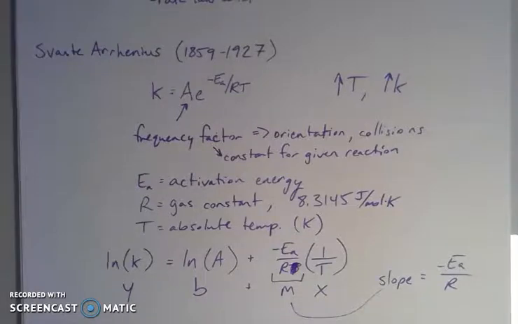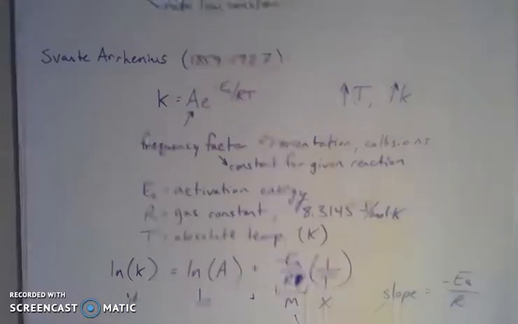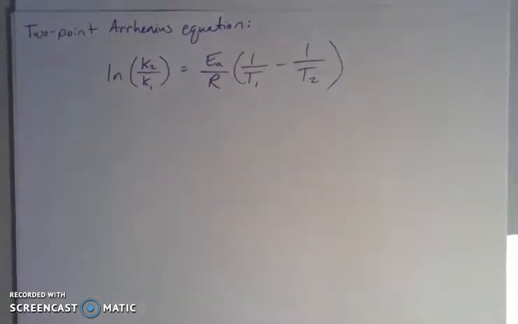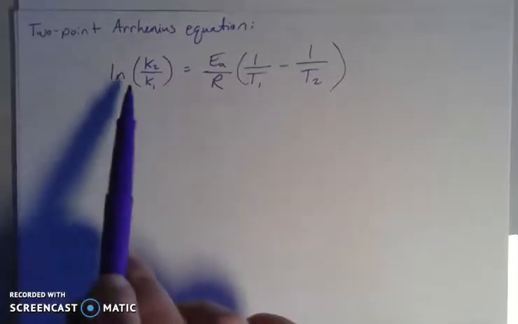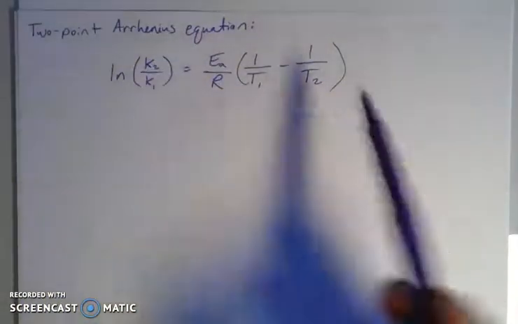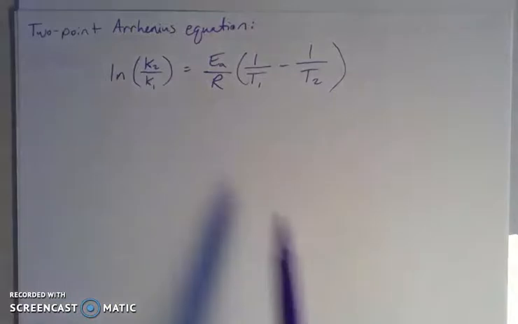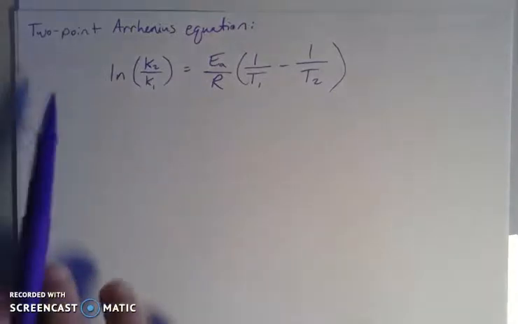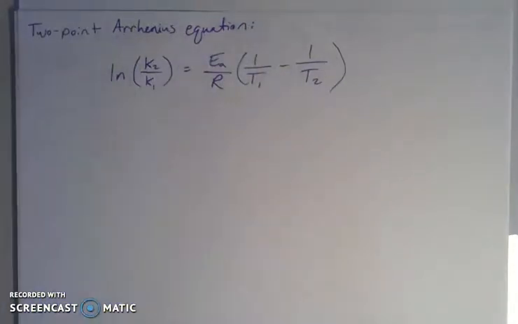When we ask how much energy we need in order to make a reaction occur, this is a cool way to be able to do that graphically. Now, another way we can do this using the same kind of idea is what is called the two-point Arrhenius equation. It looks like this. And again, it's the same idea. That's the reason that I talked about it graphically. I take the ln of the ratio of k, so given 2 rate constants and 2 temperatures, I can use those 2 data points to get at the activation energy.